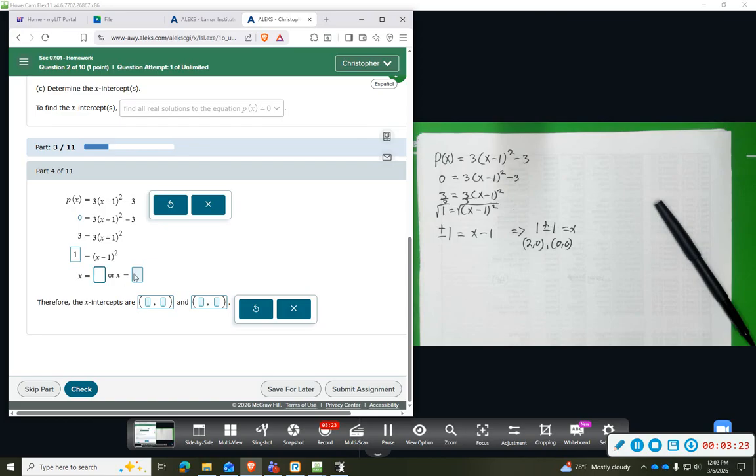And then once they square root and solve it, x equals... nope, sorry, +2 or 0. And so the ordered pairs would be 2, 0 or 0, 0.